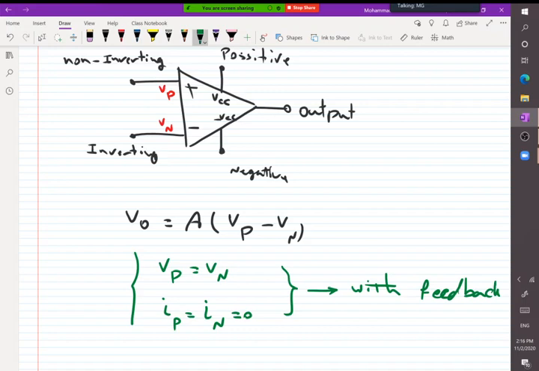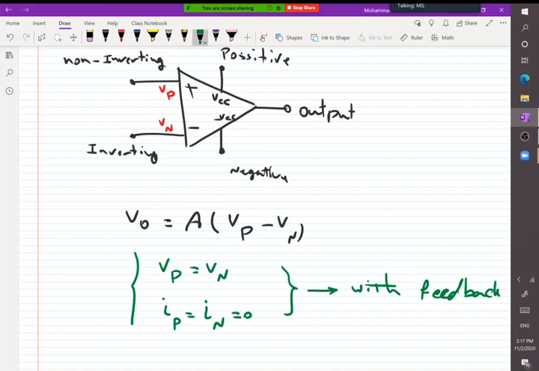Okay, so we saw a non-inverting amplifier. Also, we have inverting amplifier and voltage follower that I will post in my lecture. But today I'm going to show you two different types of amplifiers built by OpAmp.